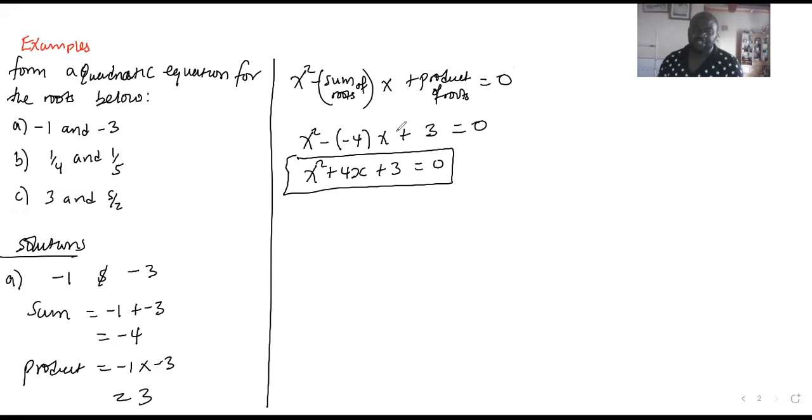Check it out with a calculator. Investigate and see, when you solve this quadratic equation, are the answers -1 and -3? Someone please confirm. Has someone pressed the calculator?